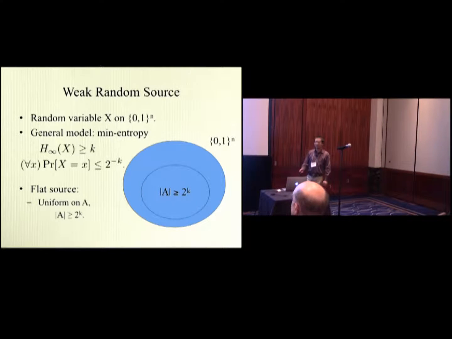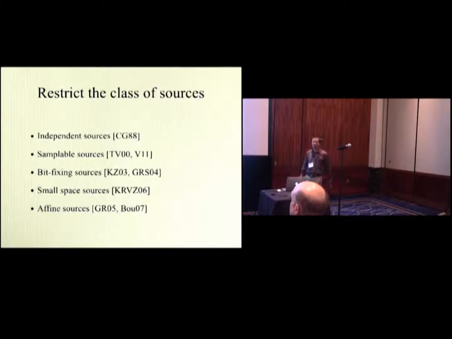And therefore, we have to somehow restrict the class of sources in order to build deterministic extractors. And there are several classes of sources that have been studied in this literature. Some of them you have seen in the previous talks. So for example, independent sources, which have a long history.